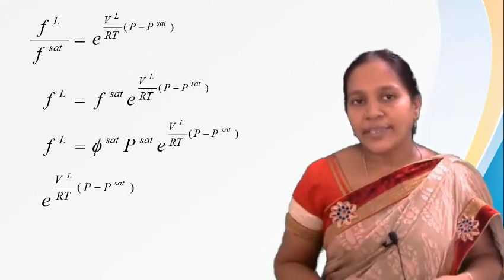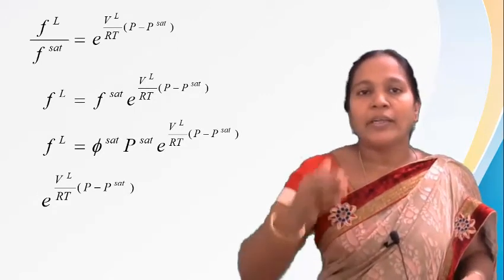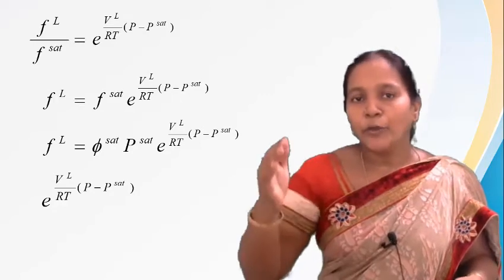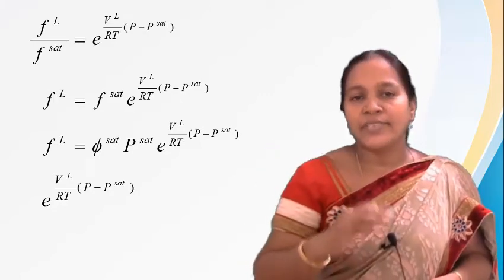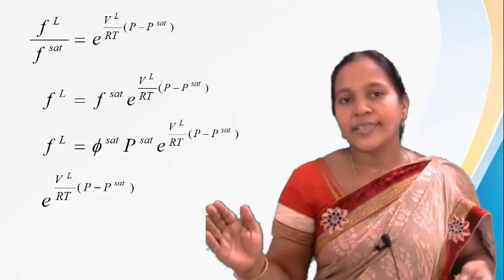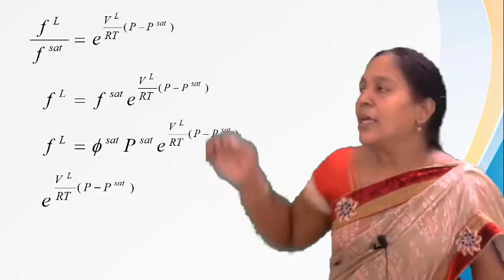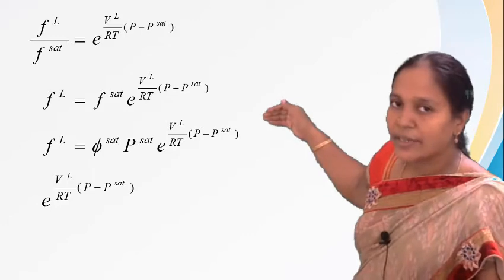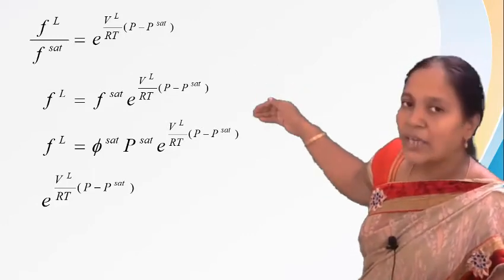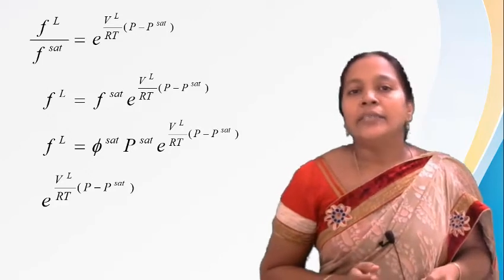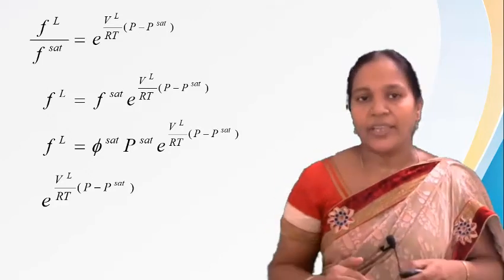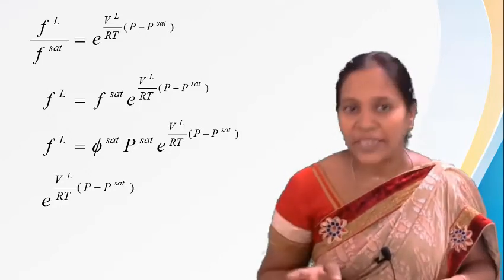FL by F sat is equal to e power (VL by RT) into (P minus P sat). Taking the term F sat to the right hand side of this equation, FL is equal to F sat into e power (VL by RT) into (P minus P sat). Here, F sat is replaced with fugacity coefficient and P sat.